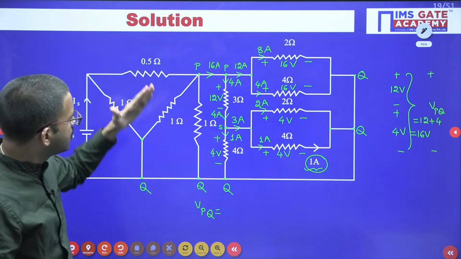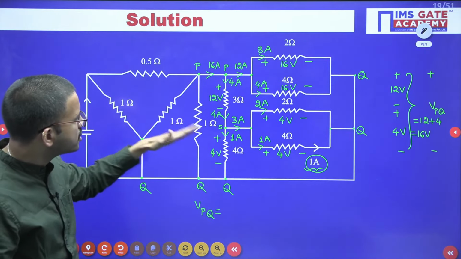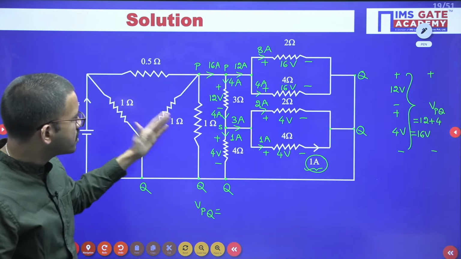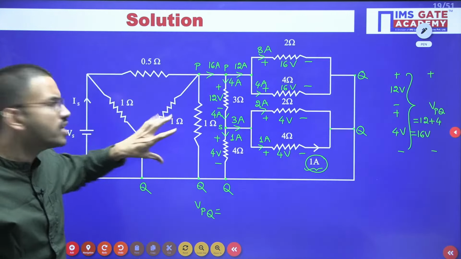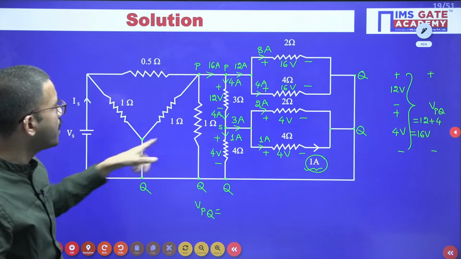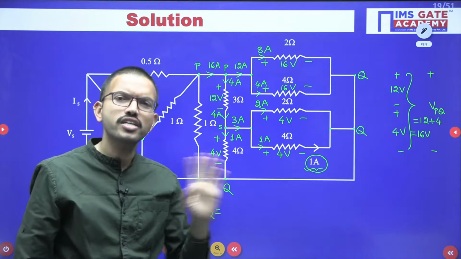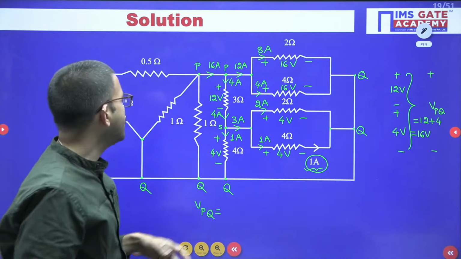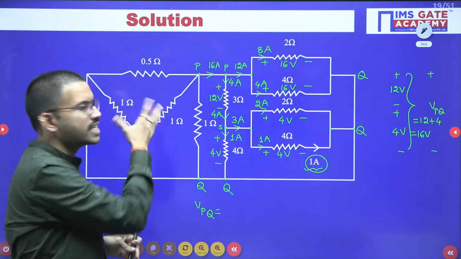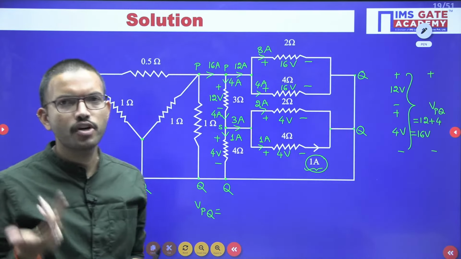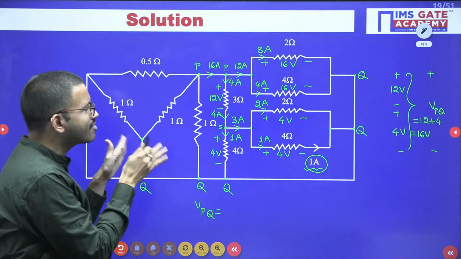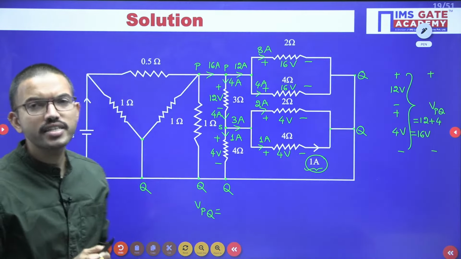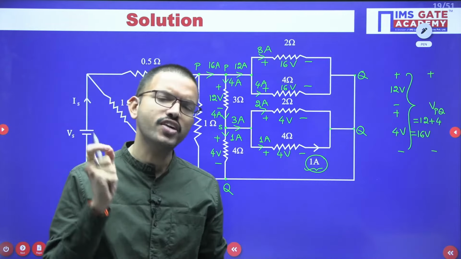Now, can you tell this 1 ohm resistor... Just by observing this connection, some of you might have thought that we may have to apply star to delta, delta to star. Not at all required. Sometimes they intentionally keep the question looking like it needs star delta conversion. But if you carefully observe the connections, check whether star to delta or delta to star is really required. If really required, definitely you can apply.